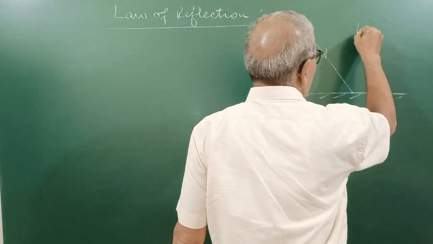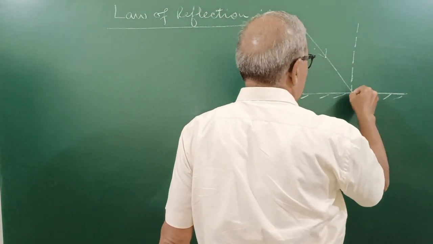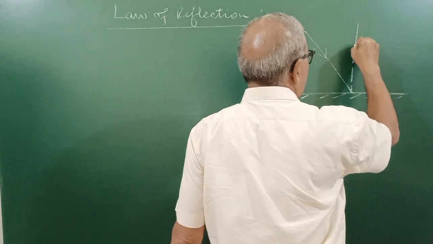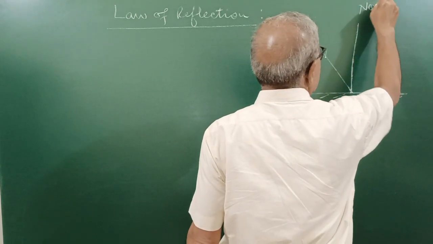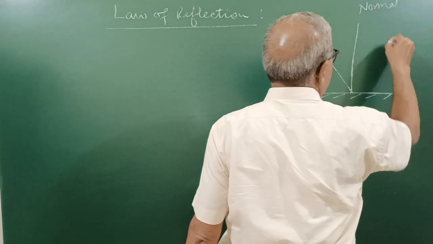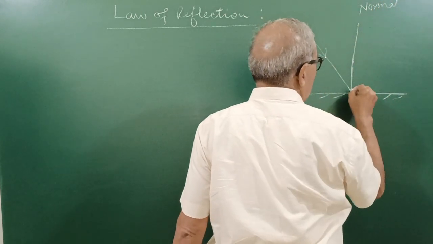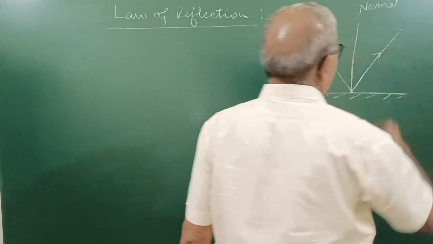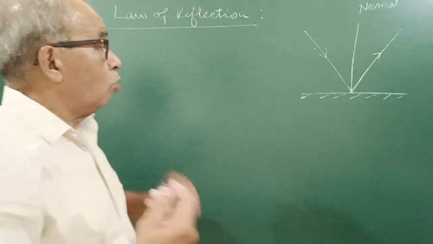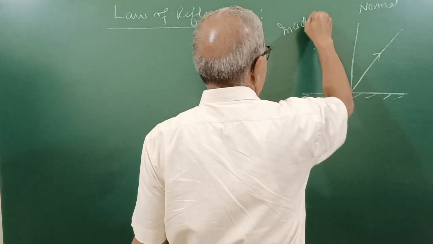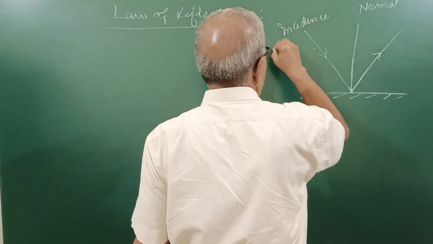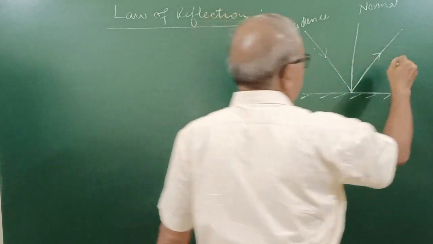And here is a normal at this point. This is the normal, perpendicular to the surface. And then it is the reflected ray. It goes back, suppose there occurs perfect reflection. Then this is called the incident ray, and the reflected ray.